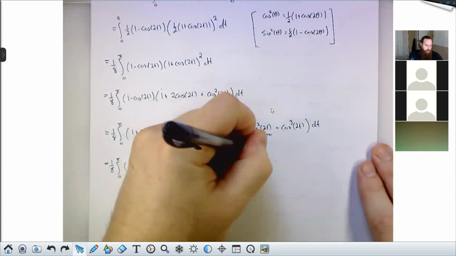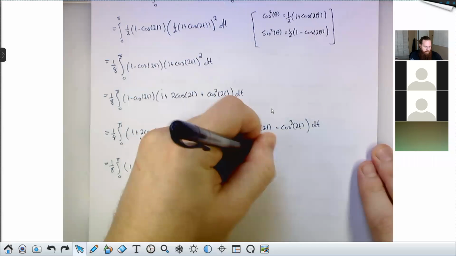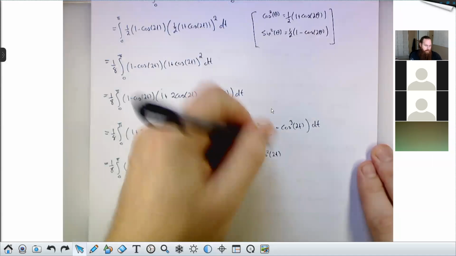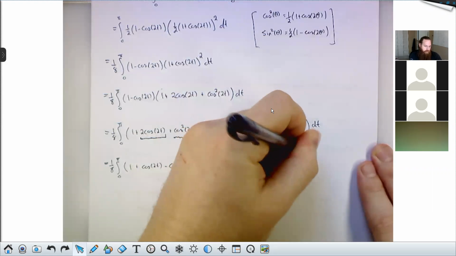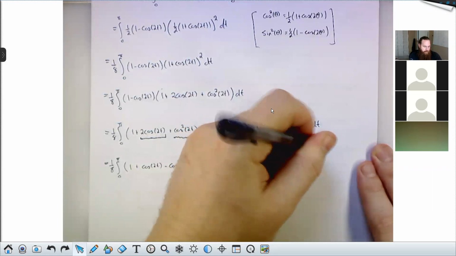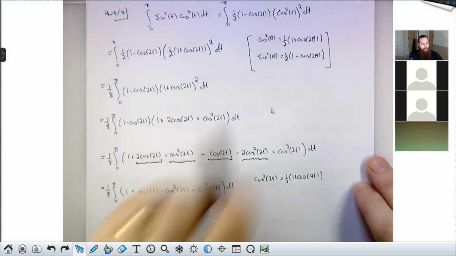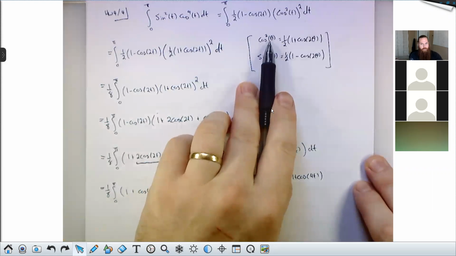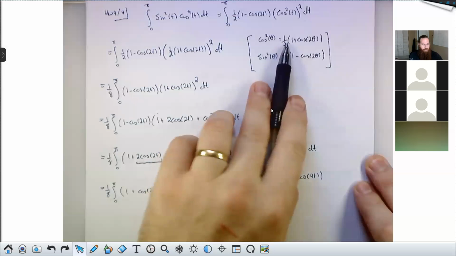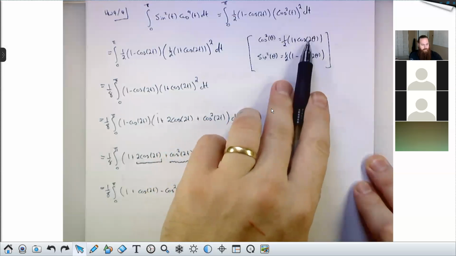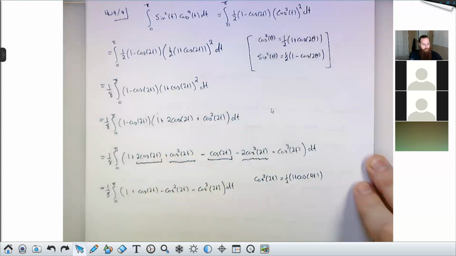So the modified half angle identity is cos squared 2t equals 1/2 times 1 plus cos of 4t. I'm just plugging theta equals 2t in here. So I get cos squared 2t equals 1/2 times 1 plus cos of 2 times 2t, which is cos 4t.